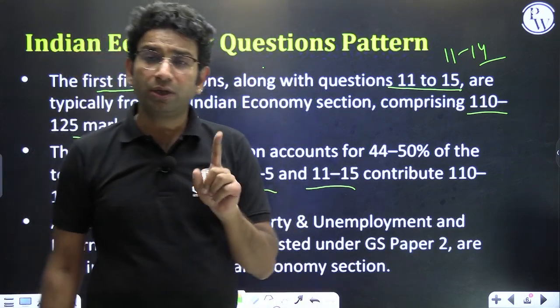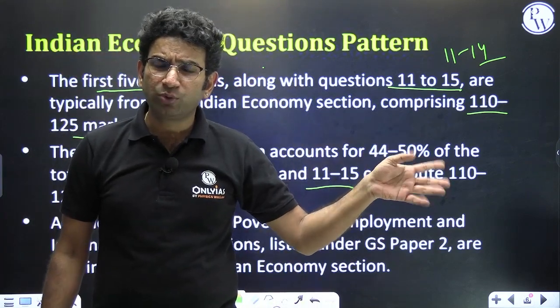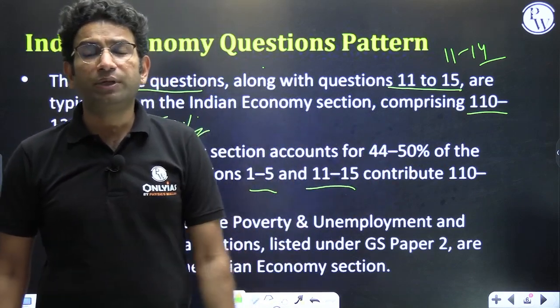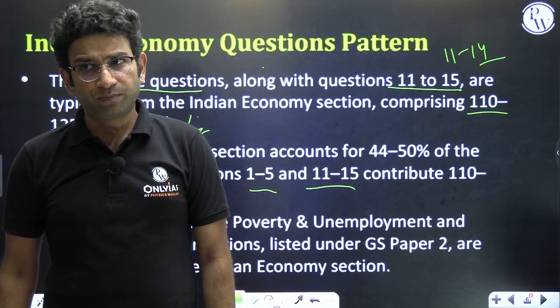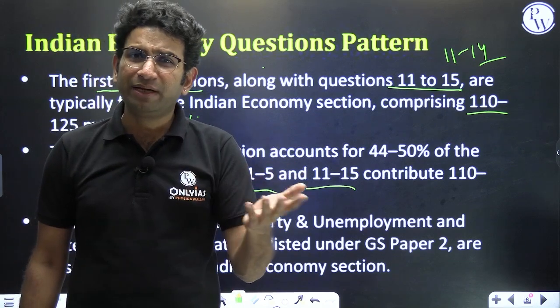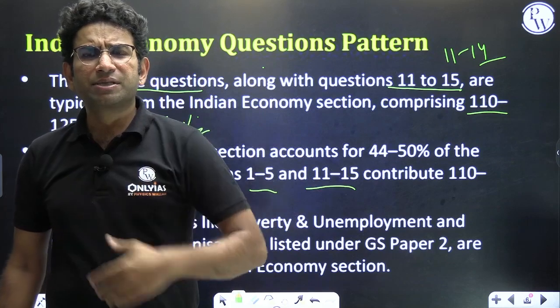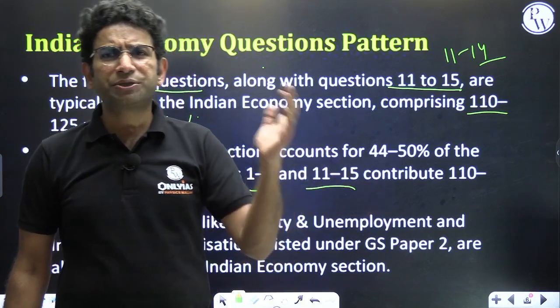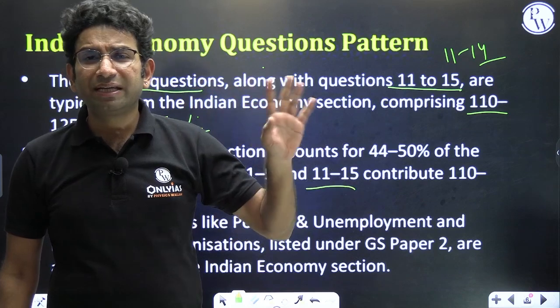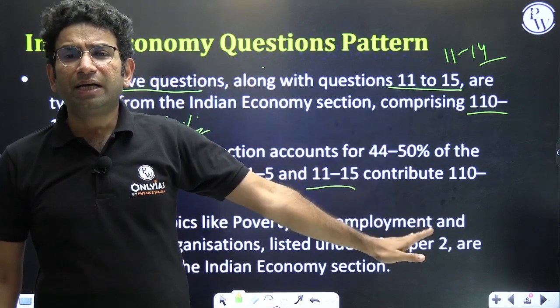These are given in GS paper 2: poverty and unemployment, and the second topic is international organizations. Normally agencies like WTO, World Bank, IMF, then some discussion about the United Nations, the OECD, and the FATF, we discuss all here and there in our economics section.